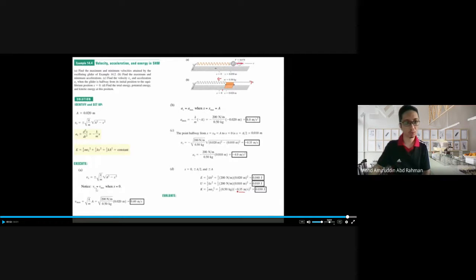So what happens when we have the maximum v? The maximum v is obtained when x is 0.